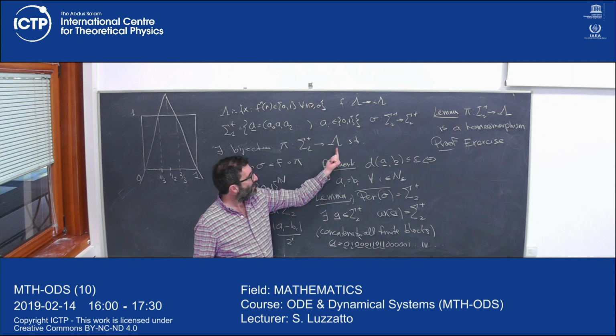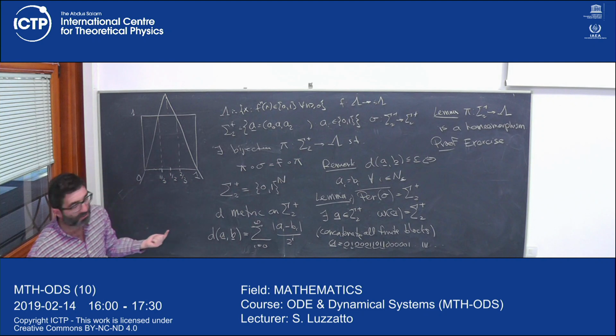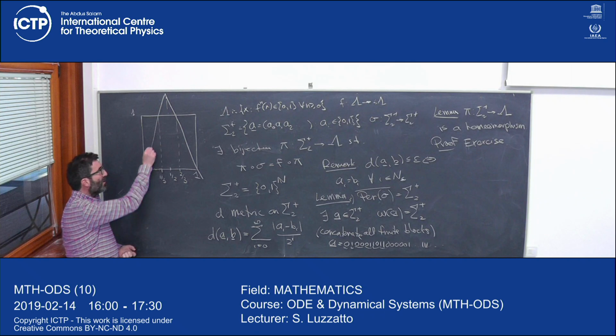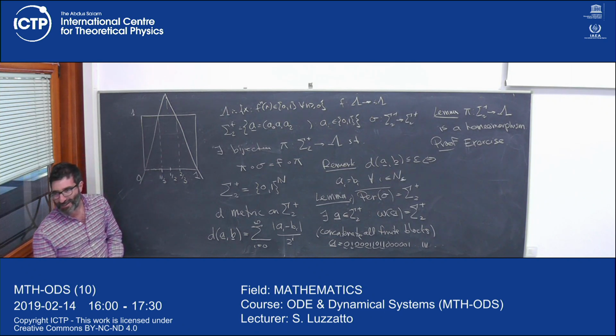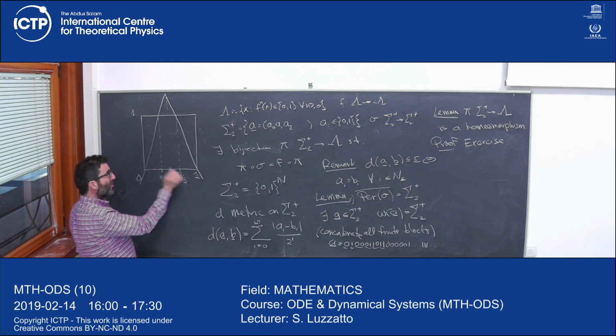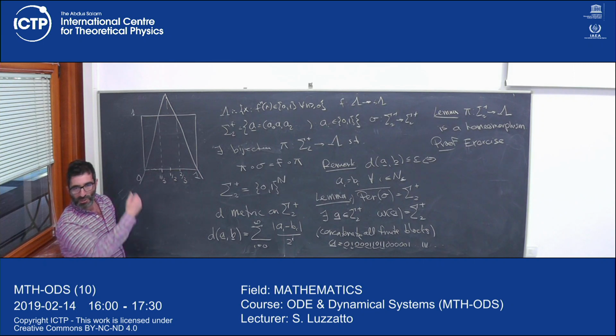In the other direction, if you take 2 points that are very close here, how do you know that they will have sequences that coincide for a very long time? This is basically continuity of this map. If 2 points are sufficiently close, they will stay close for an arbitrarily long time. And if they stay close for an arbitrarily long time, it means that their combinatorics in terms of I0 and I1 stays the same for a very long time, which is what gives you the symbol sequence of those points.